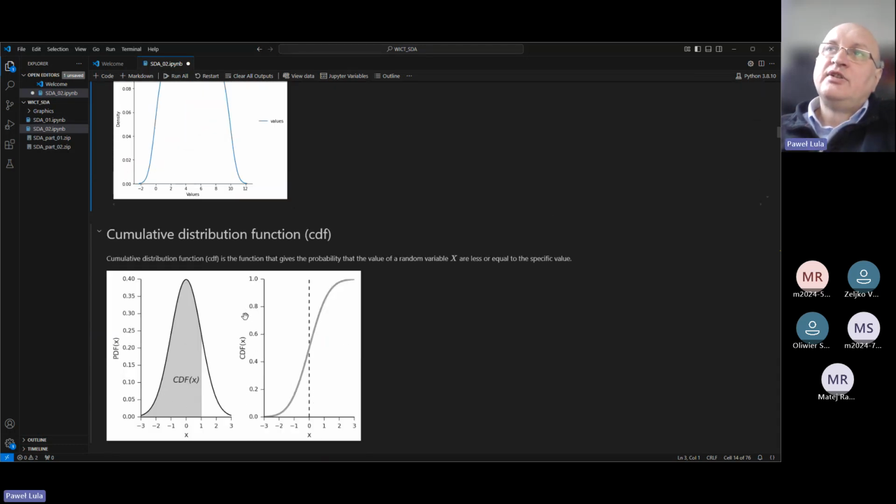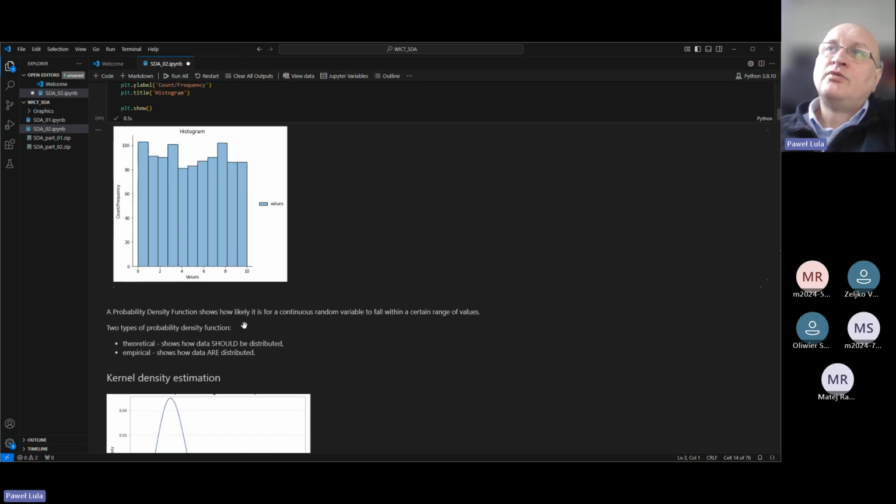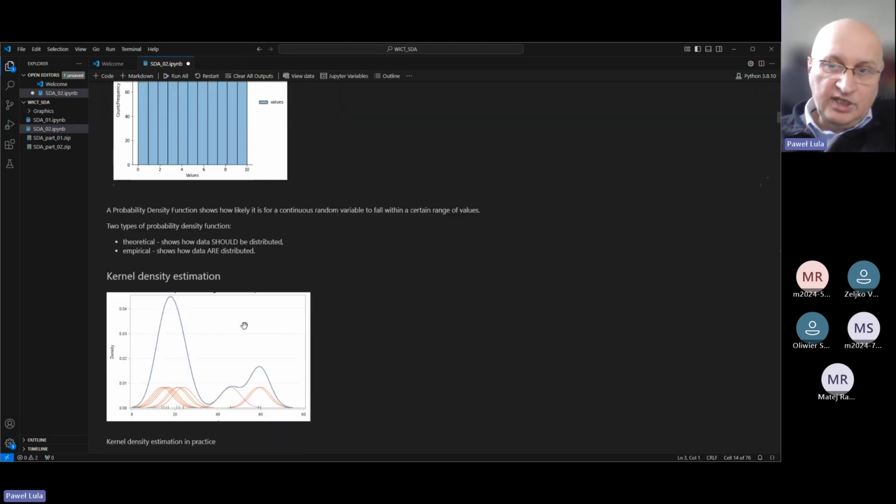And these three forms which we have here are very useful when we want to present information about random variables.